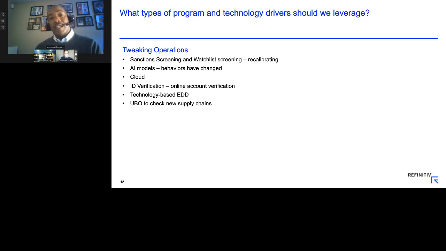But right now you just have to look at what has changed. You can guess about what's going to happen, but I think you should look at a lot of this as a new norm. Some of the things you were doing last year and the year before, it's never going to be like that again. And there are questions about ID verification and online identity verification.